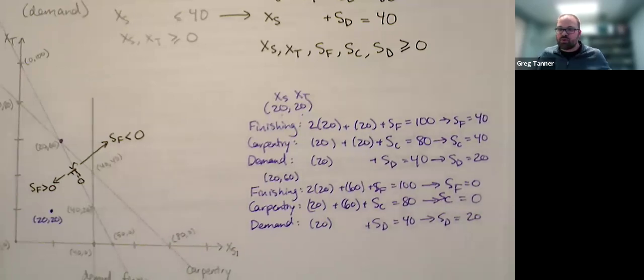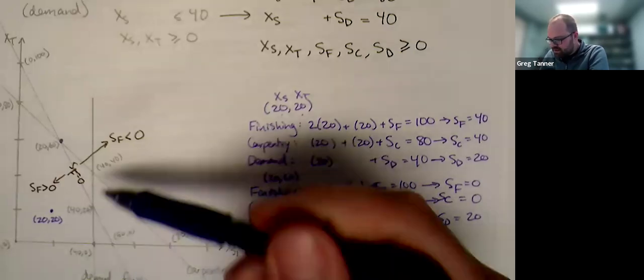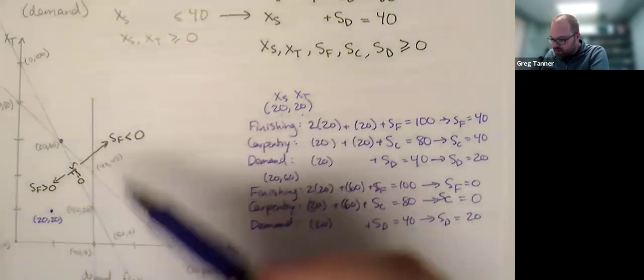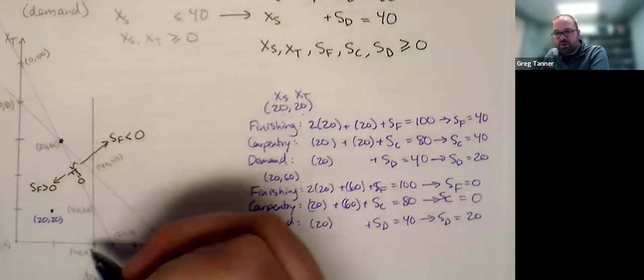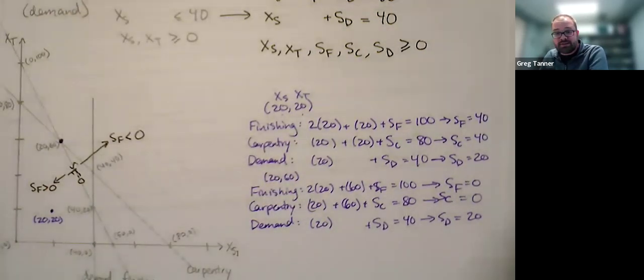Means that there's 20 units of unmet demand for soldiers, which in this case is perfectly fine, but we have some slack in that constraint. Constraints with positive amounts of slack actually don't affect the optimal solution. That's this constraint over here, and we can notice that the point 20, 60 is not on that constraint, and so we're going to have a positive amount of slack for that, the slack variable that corresponds to that constraint.